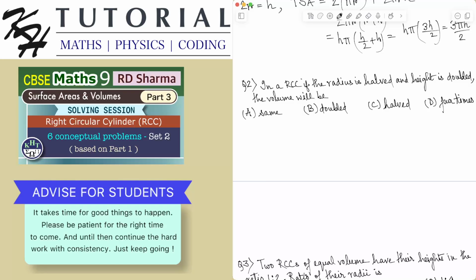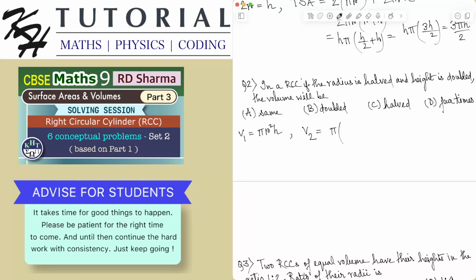The volume. Okay. So initially, let's say the volume V1 we know is, the formula is pi r square h. What will be V2? V2 is the volume when the radius is halved and the height is doubled. It will be pi.